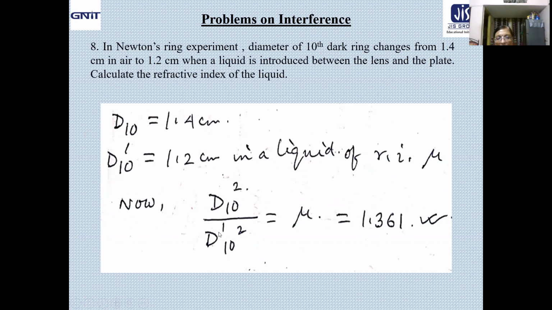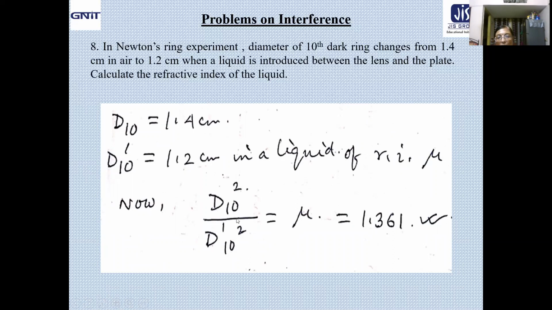Now D10 square by D10 prime square equal to mu, because we have seen that Dn square is proportional to 1 by mu. In case of D10 it is 1, in case of D10 prime it is 1 by mu. So 1 by mu means mu will go up, but mind it, these are squares.